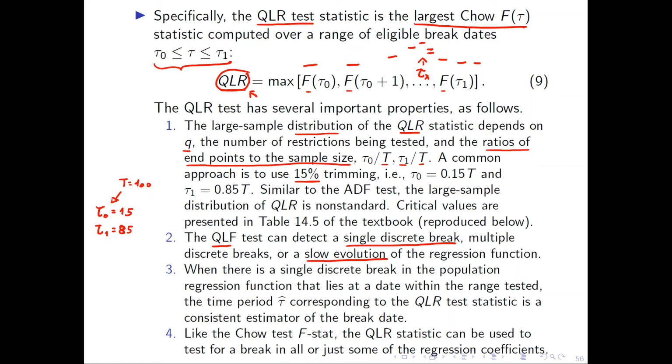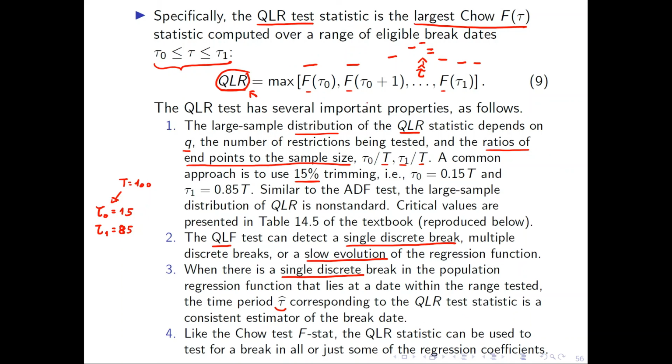But we have to remember that this test actually tests for one break, not several breaks. So if there is a single discrete break in the population regression function, then the period that we find, which I can change to tau hat, is a consistent estimator of the break date.